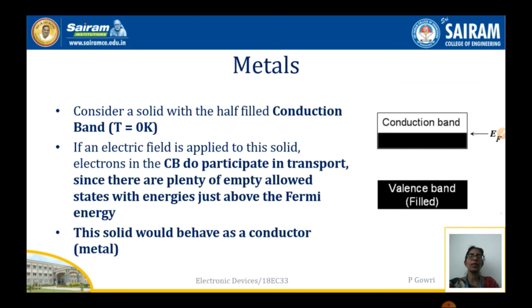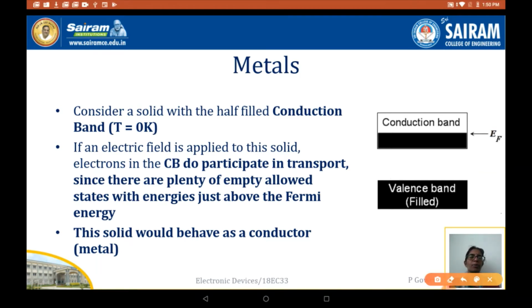In this slide, we will be discussing what a metal is. Consider a metal with a half-filled conduction band, that is at T equal to 0 degree. As shown in the figure, we have a completely filled valence band and the conduction band is partially filled. Partially filled means there are some free electrons which will be involved in the current conduction.